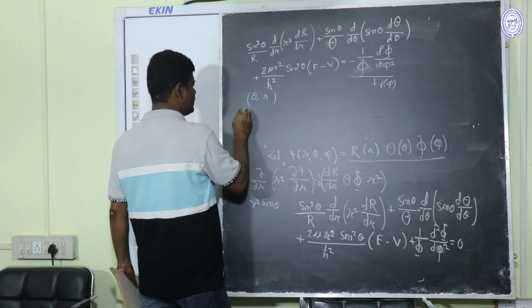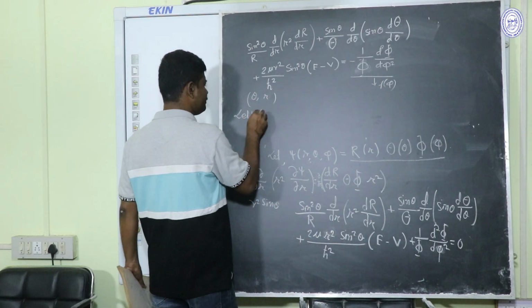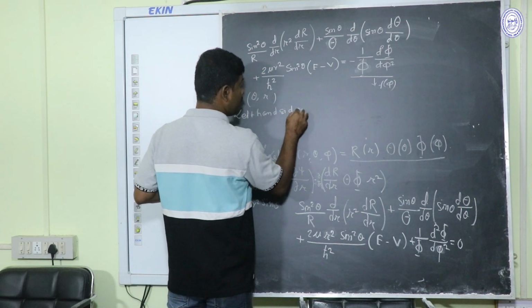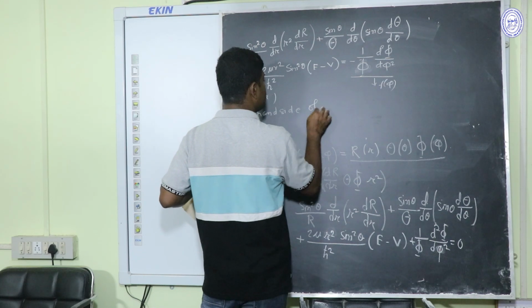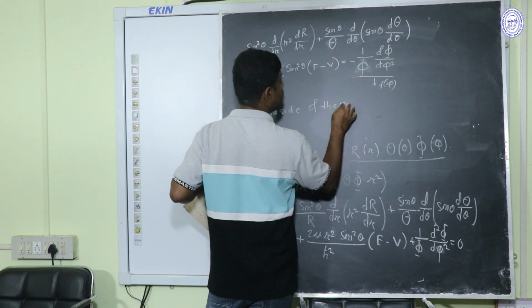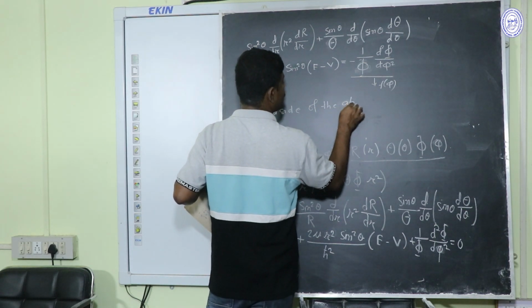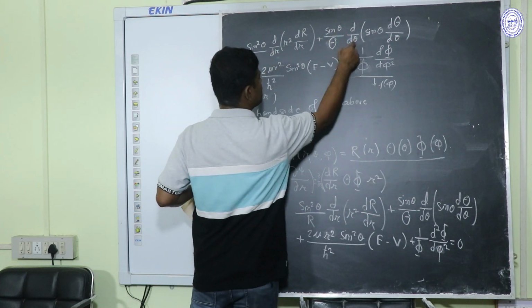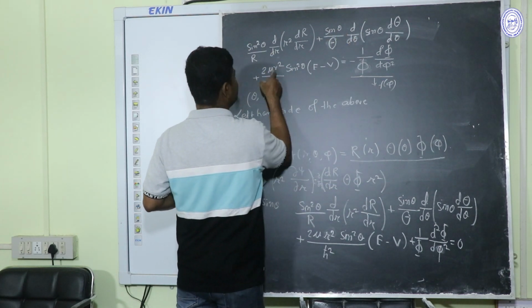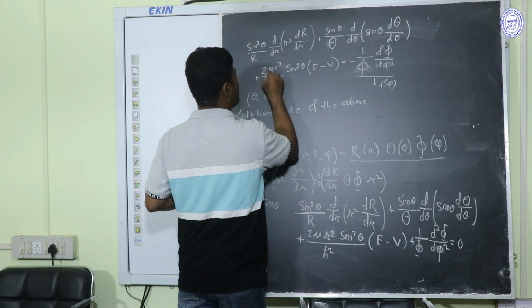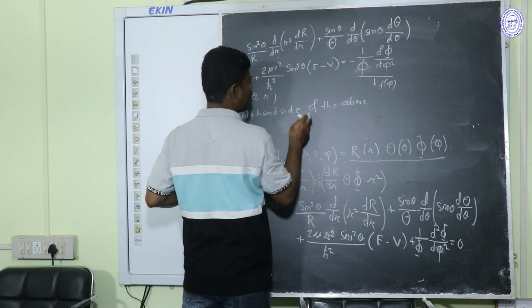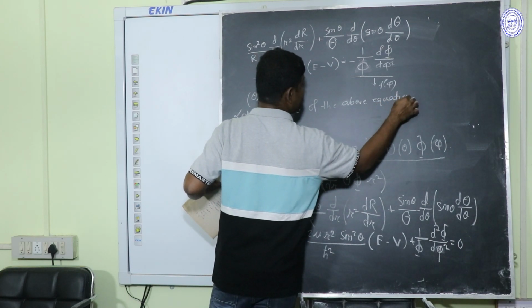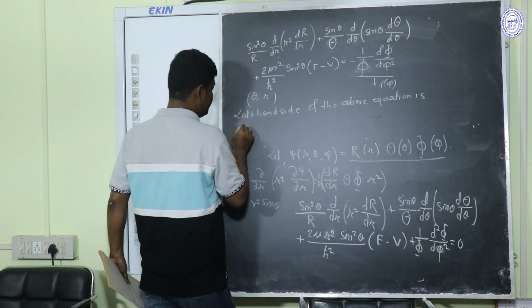So the left hand side of the above equation is a function of theta and r; there is no phi in the left hand side.